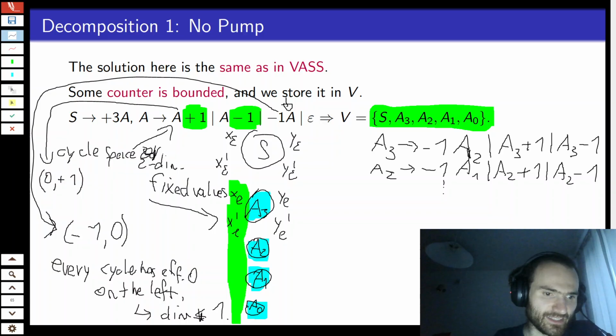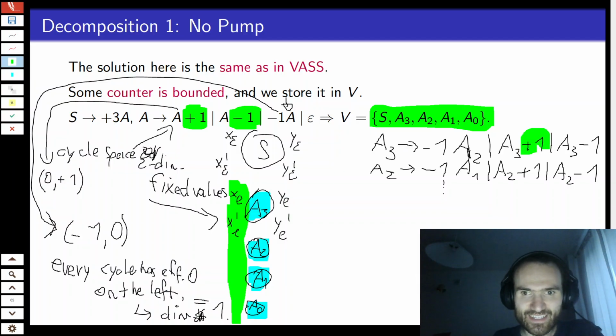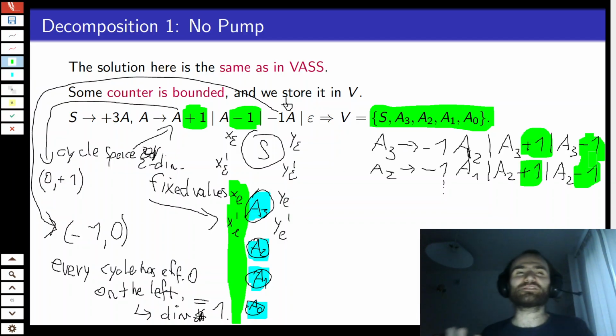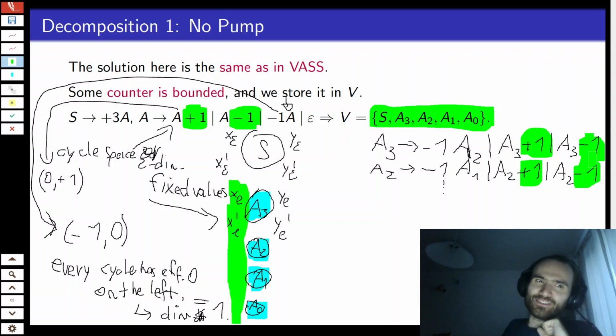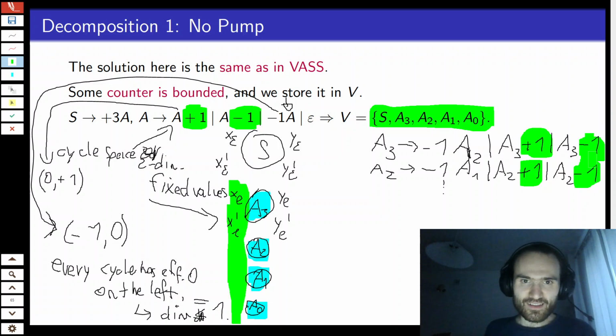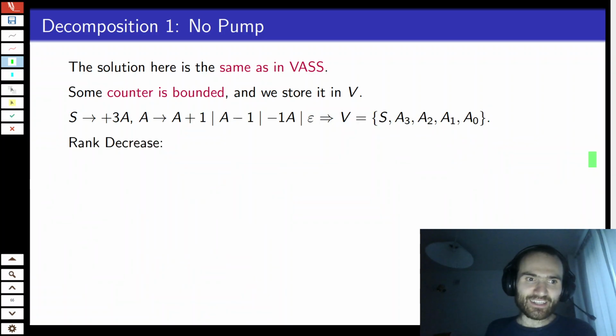In fact, it's exactly equal to 1, because, as I said, the right-hand side still exists. The right-hand side with this plus 1, minus 1 still exists. The cycle space still has dimension 1, but it's no longer dimension 2. I will leave it at this; you can think about why the rank decreases. In general, I explained it here, but the point is cycles with non-zero effect on the bounded counter are killed.